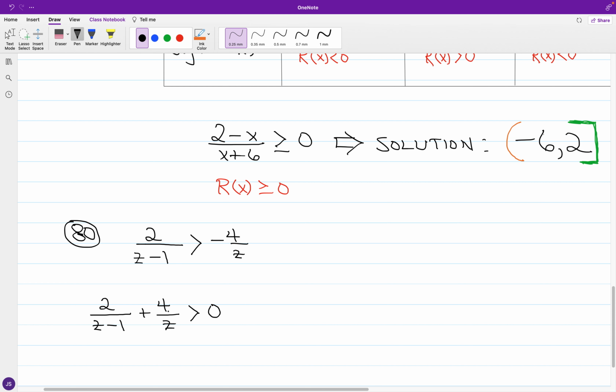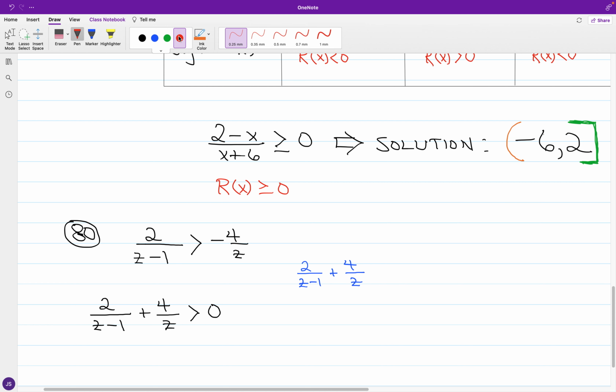is greater than 0. Now, this is where it gets a little bit tricky because we're going to consolidate into a single ratio, kind of going back to the methods used back in chapter R. So for what we have in the case of 2 over z minus 1, we have plus 4 over z.